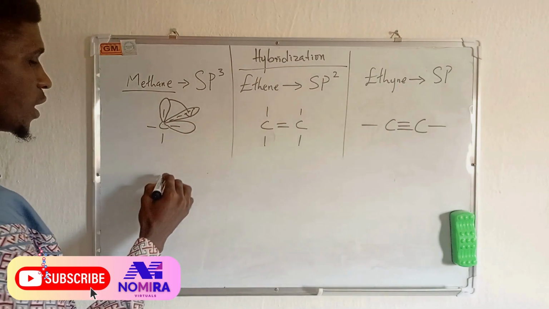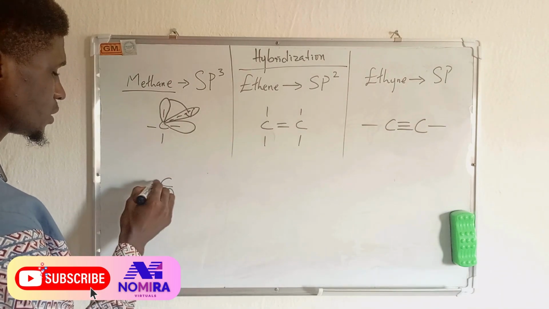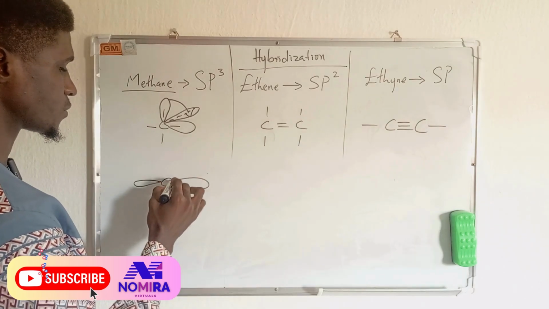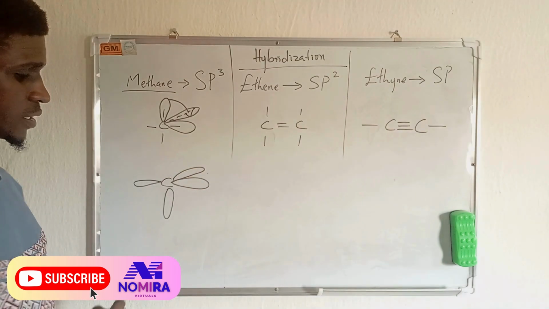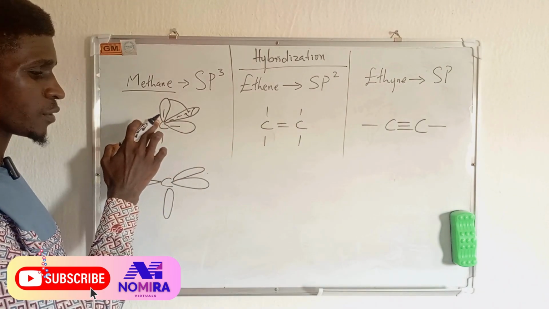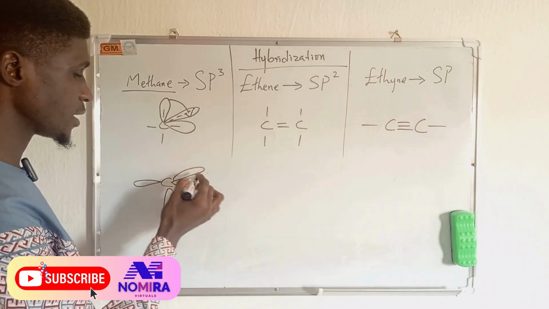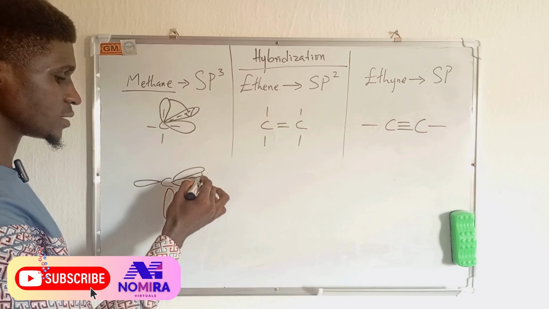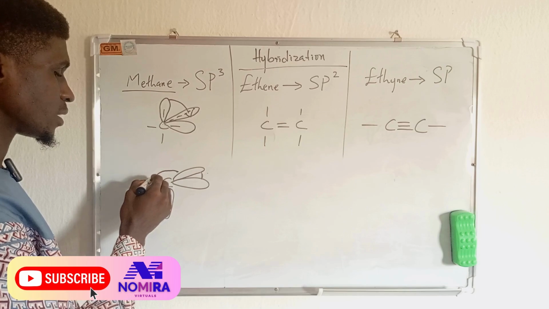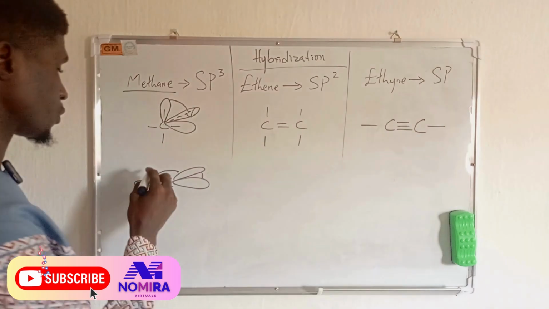In other words, you have something like this, and then you have something like this. This is something that will form after this other unpaired orbital approaches this one. Then there is a little angle that is formed between this and this, creating a huge gap, which we call the bond angle.